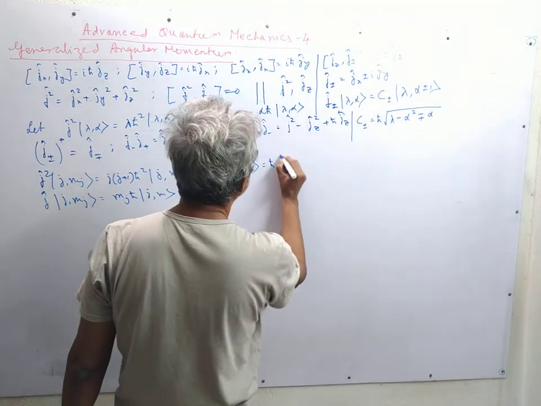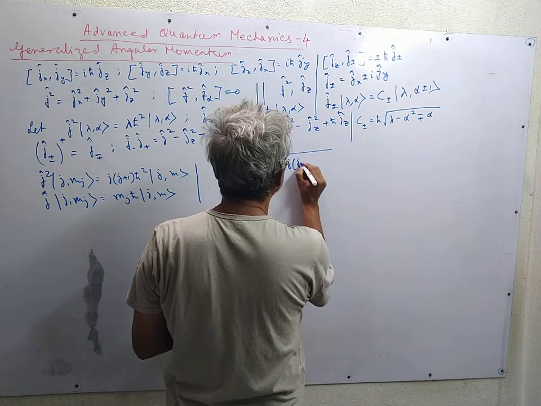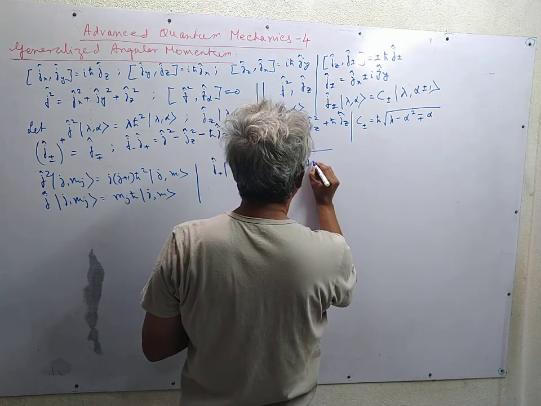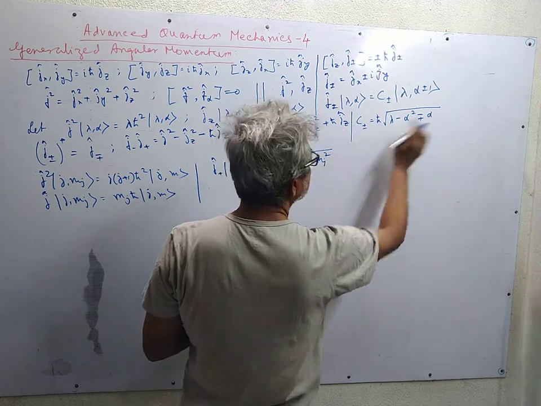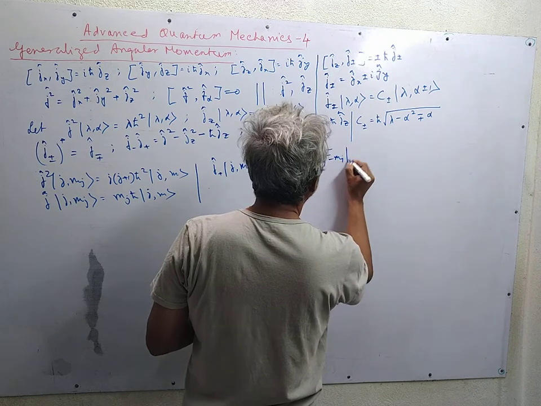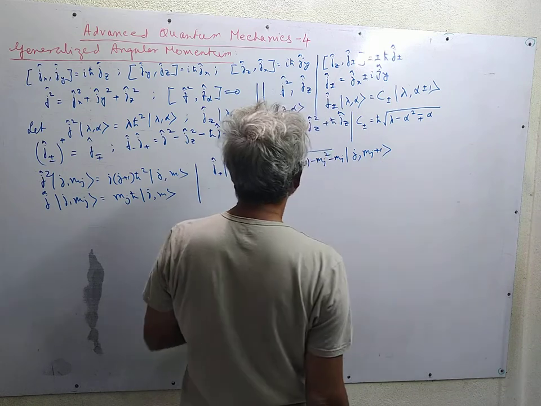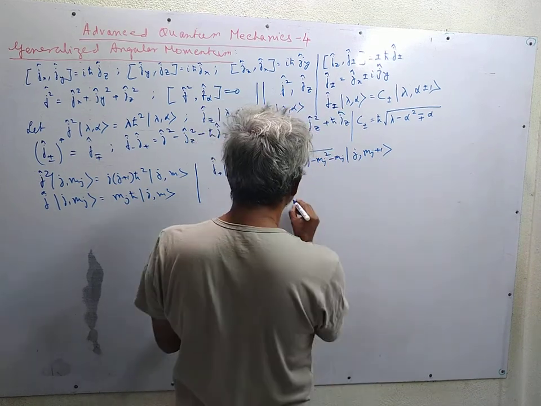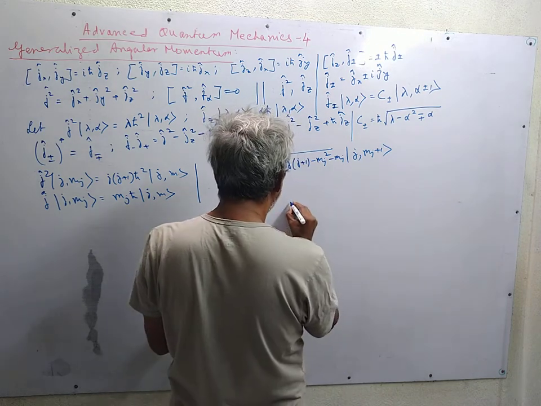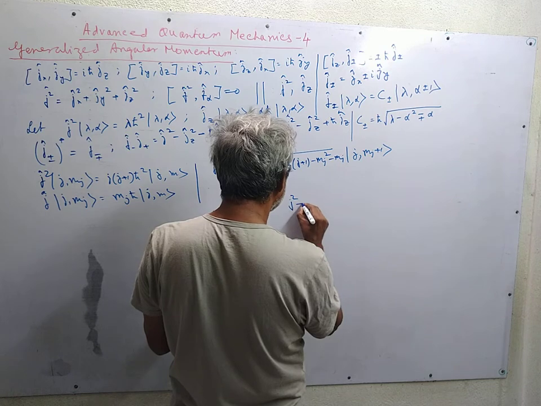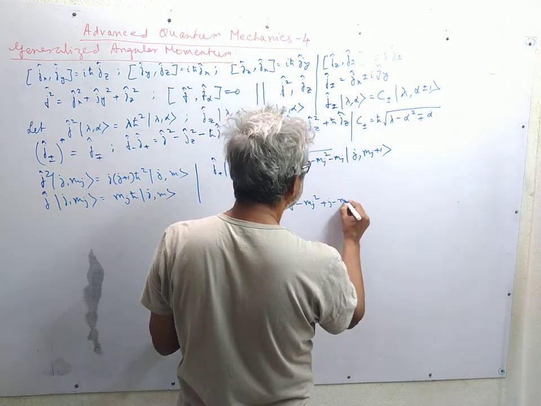This is ħ squared times the quantity lambda, that is j(j+1) minus alpha squared, this is mj squared, and for plus it is minus mj, and this is |j mj+1>. The quantity within the square root can be written as j squared minus mj squared plus j minus mj.